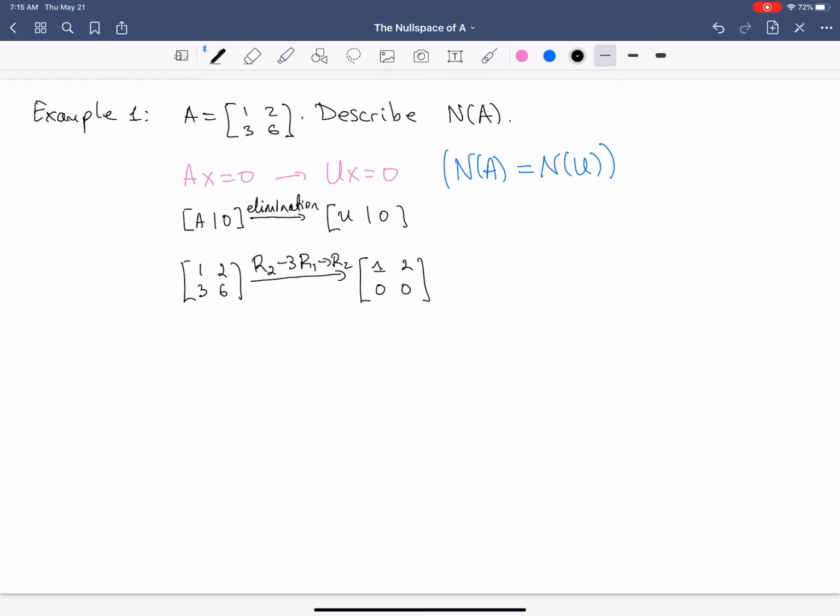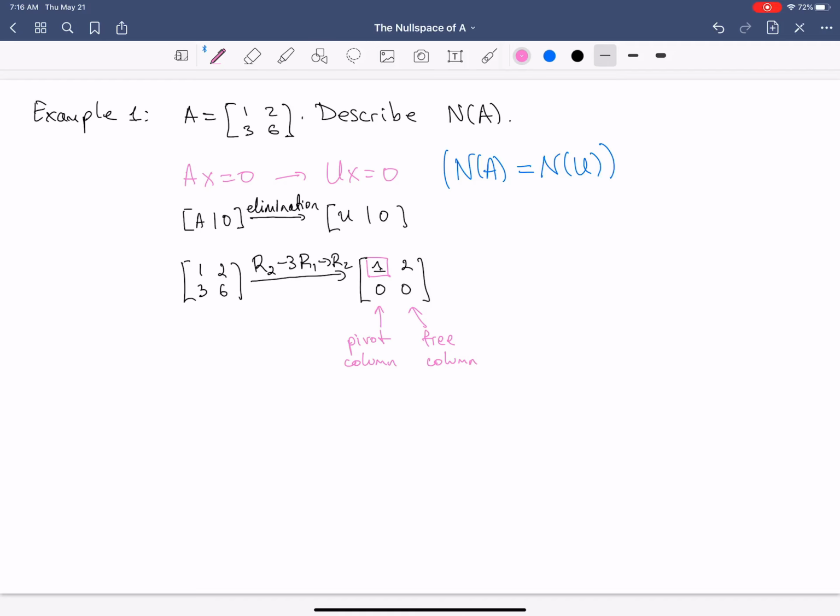Now, one way to look at it is that when you look at the matrix U, you have a pivot column. So this column is a pivot column. And the column that doesn't have a pivot is what's called a free column.